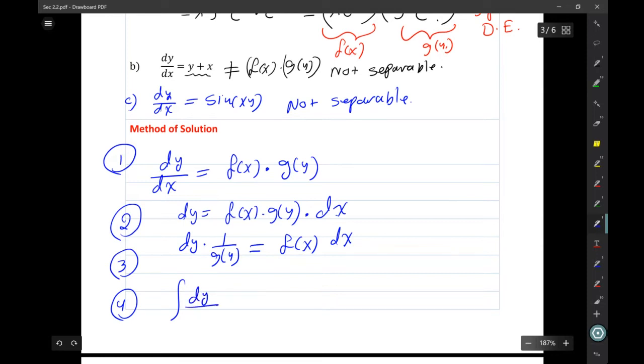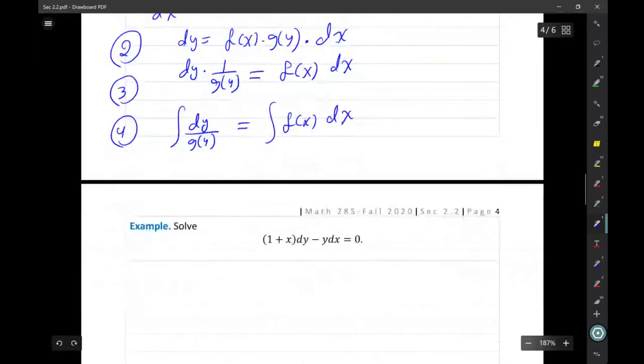Integral dy by g of y is equal to integral f of x times dx. And that's all. This is the procedure. Separate everything with respect to x on one side, everything with respect to y, including dy, on the other side. Then integrate, which is very simple and straightforward.